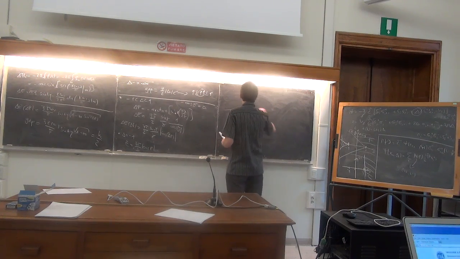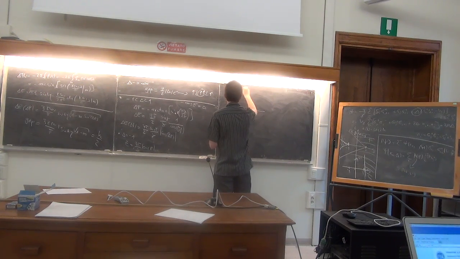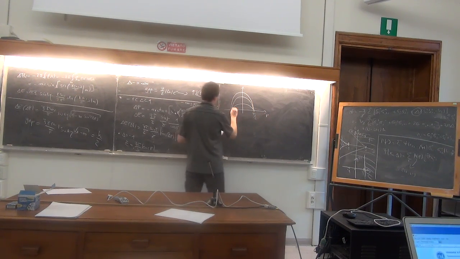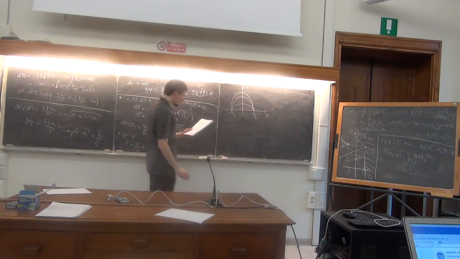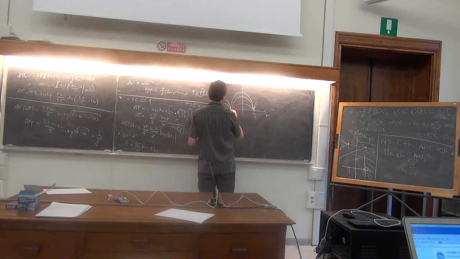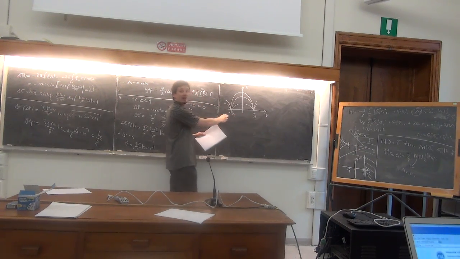So if you plot these one-hole excitations, they look like this. So this is pi half, this is momentum, minus pi half, energy. There's a periodicity, but the interesting thing is that it's periodic with period pi instead of 2 pi.